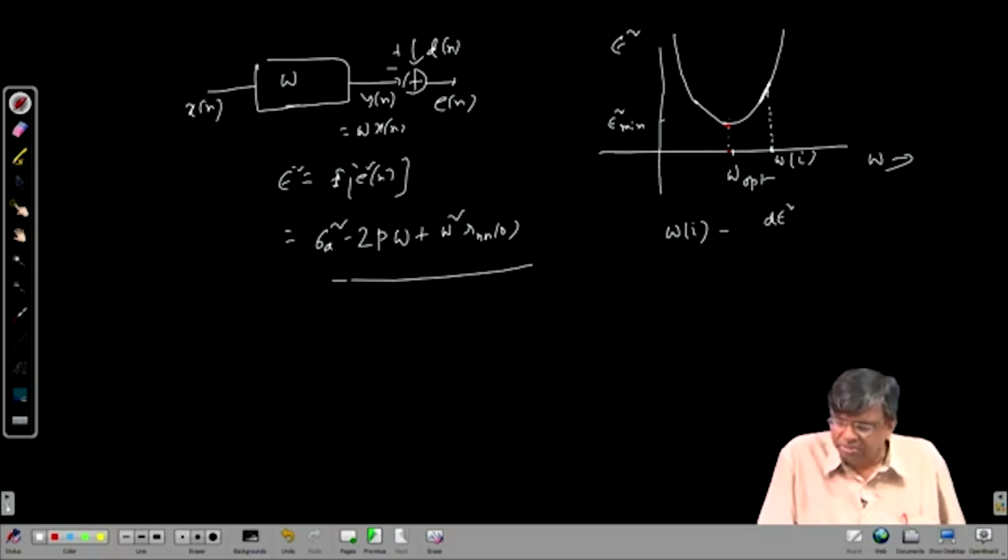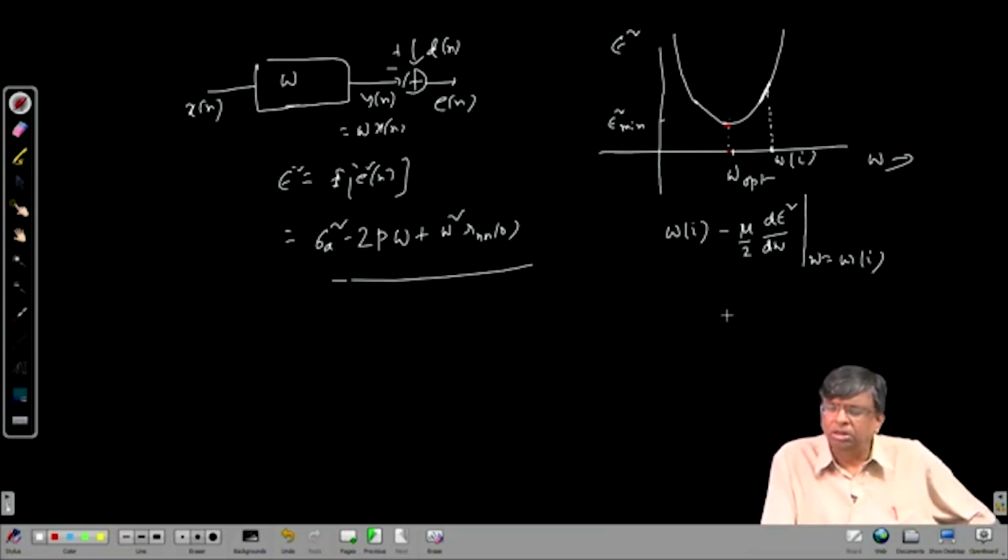In this case, I can write it in terms of d by dw, because there is only one variable, and that I evaluate at w equal to w i, and I take something proportional to this. There is a proportionality constant mu times the gradient, it is called mu. Instead of mu, I take mu by 2, because then a 2 will come after some time, and that will cancel with this. Mu by 2 is the proportionality constant.